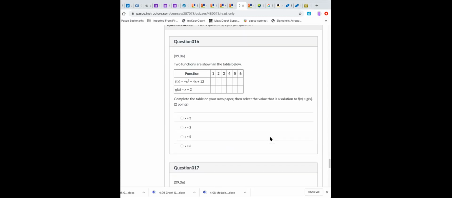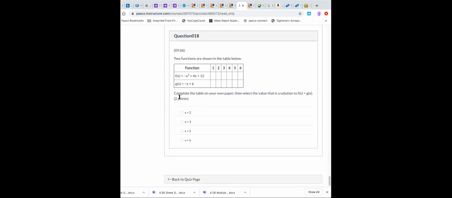And then the last style of questioning. All you have to do is complete the table on your own paper. So if f of x is 1, I would do 1 times 1, which is 1. Negative 1 plus 4 is 3. 3 plus 12 is 15.